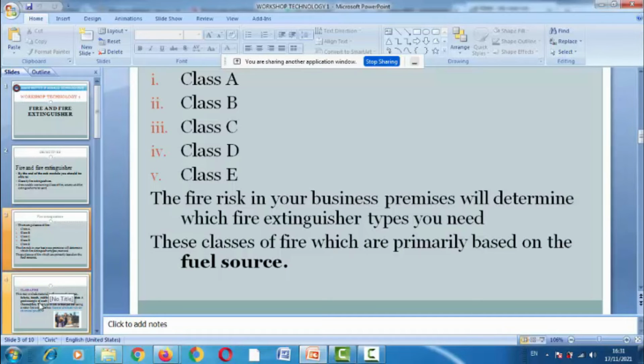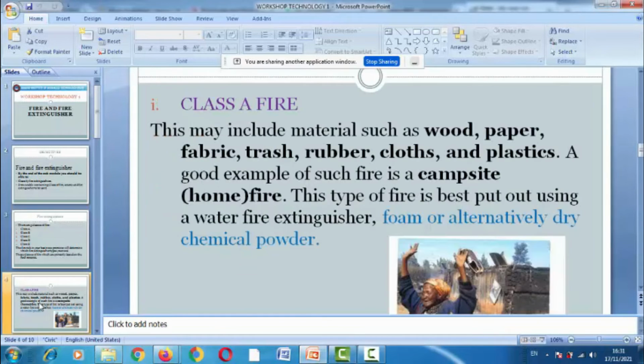So we shall start with the first class of fire. I hope we can see the slide, but I don't want to be alone. I would like to ask whether you can see the slide and whether you can hear my voice.